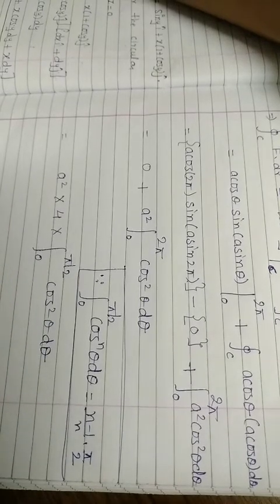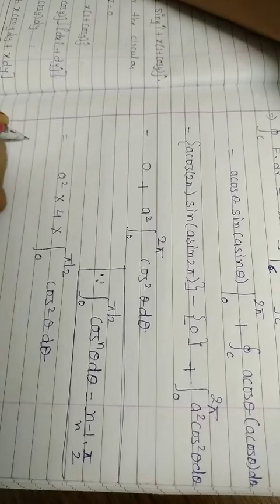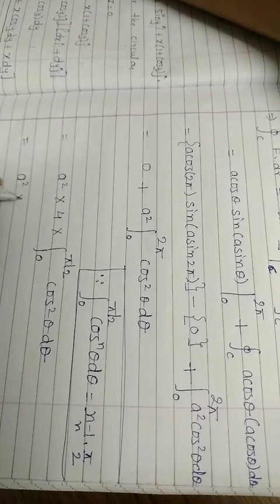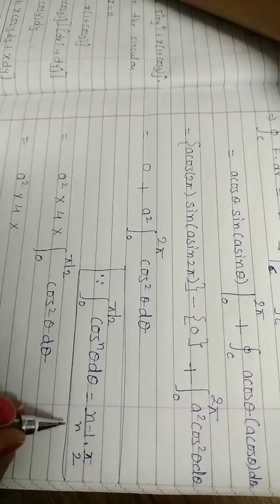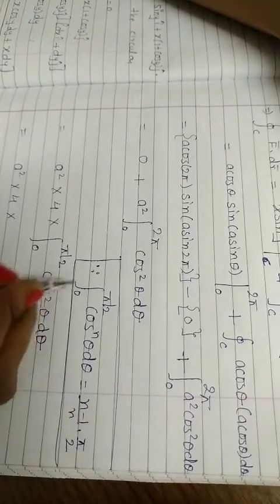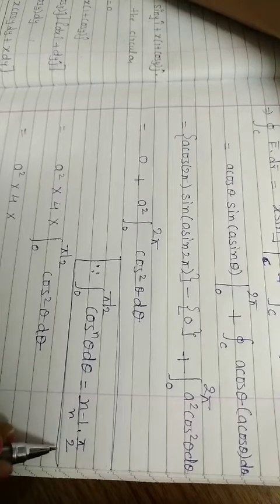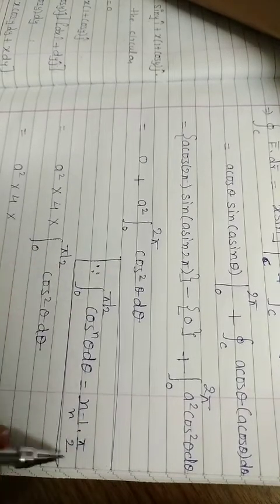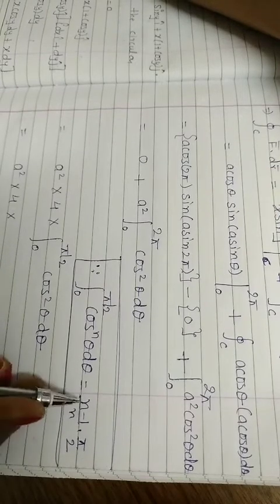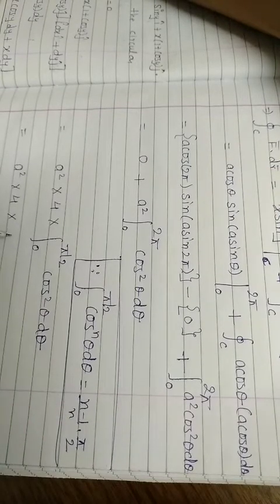You have already studied the reduction formula during M2, students. So it is a square into 4 into, now I am putting the formula, n minus 1 upon n. Remember one thing, this is not the whole formula. I have written only the last terms of the formula because n is 2, so only the last 2 terms apply. So 2 minus 1 upon 2, so it is 1 upon 2 dot pi by 2.